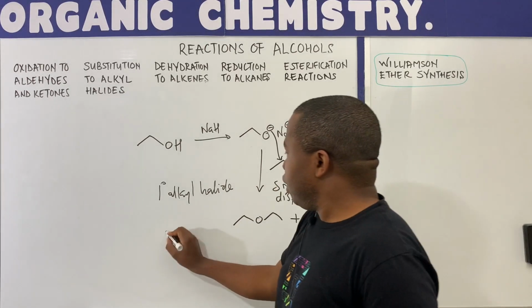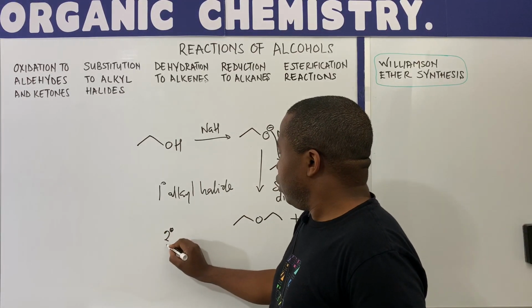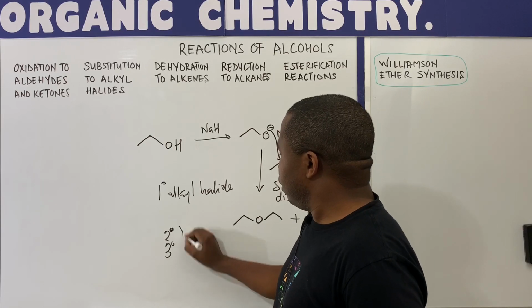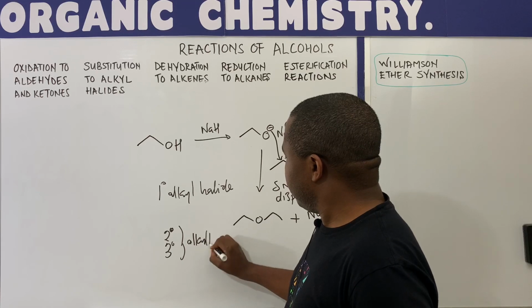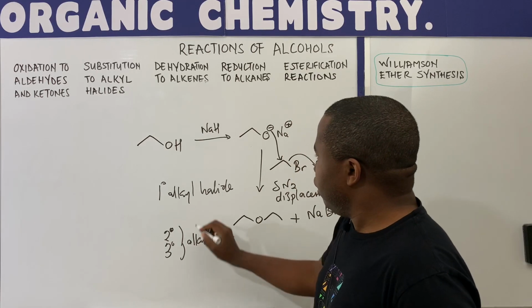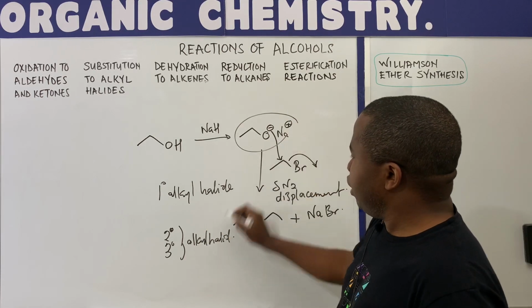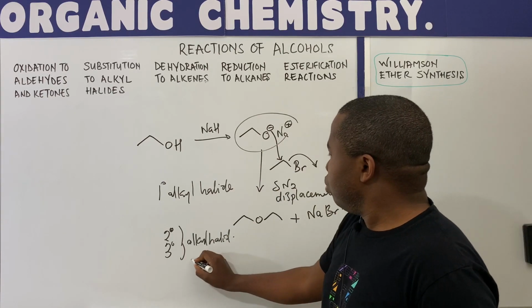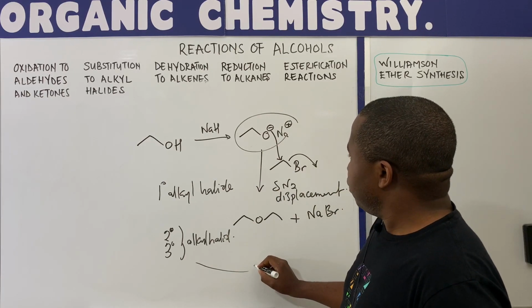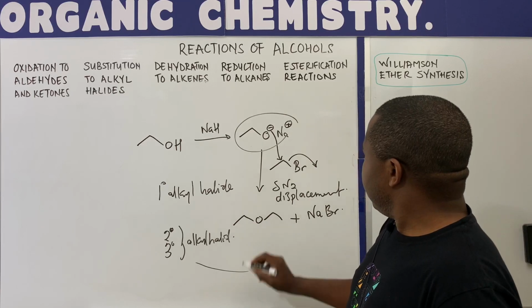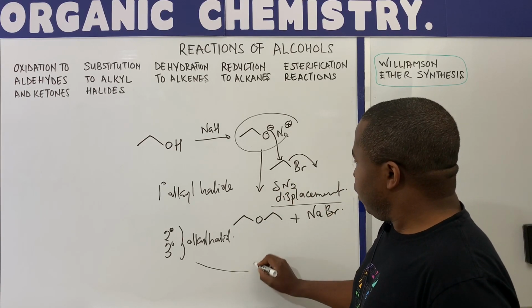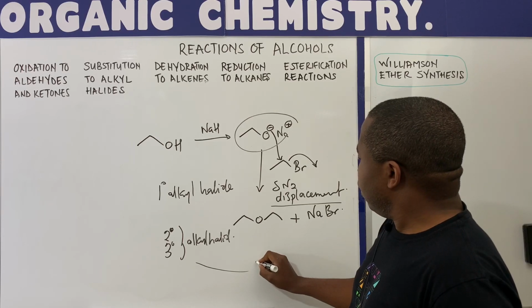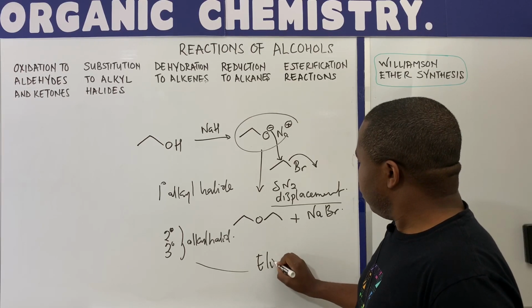If we use a secondary alkyl halide or a tertiary alkyl halide, the alkoxide is going to act as a base, and instead of us having an SN2 displacement, that is going to lead to an elimination reaction.